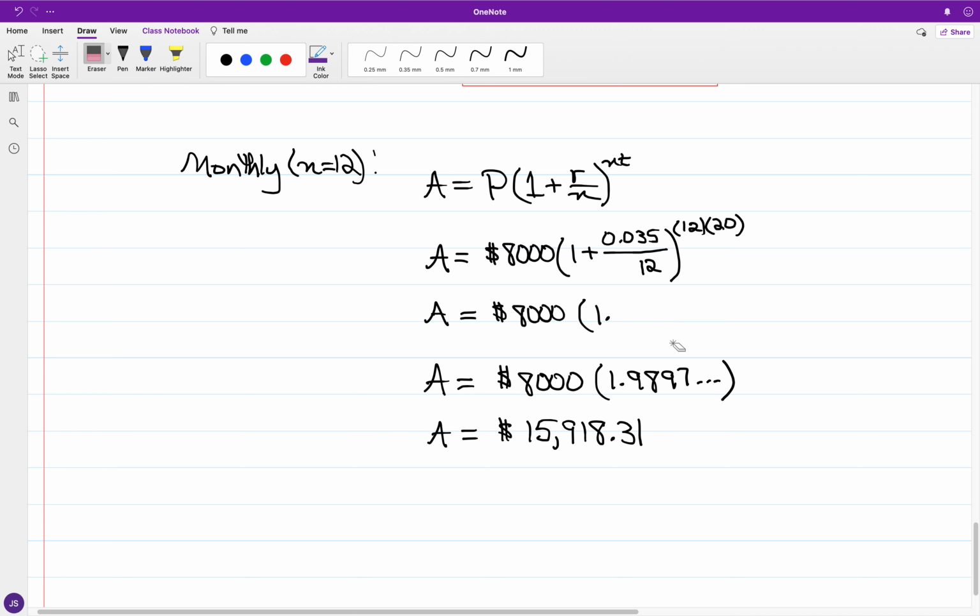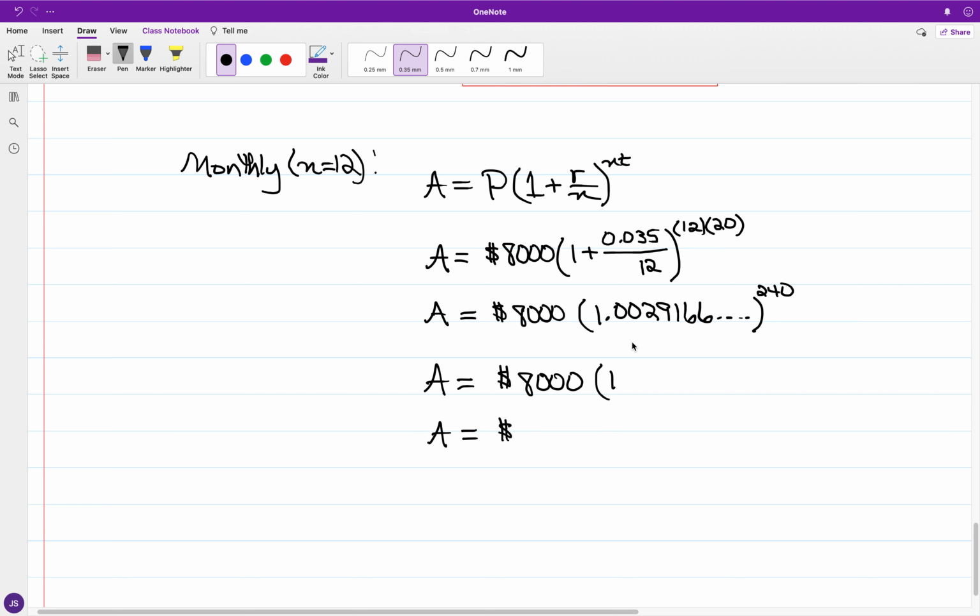And for what we have here, the sum is, again, yet smaller. In fact, what's going to happen here is that we have 1.002916, with 6's repeating, and the exponent, 12 times 20, is going to be 240.